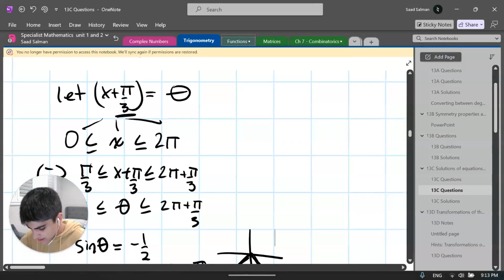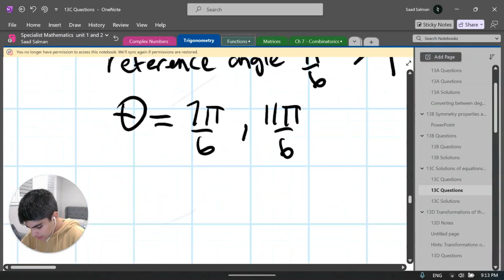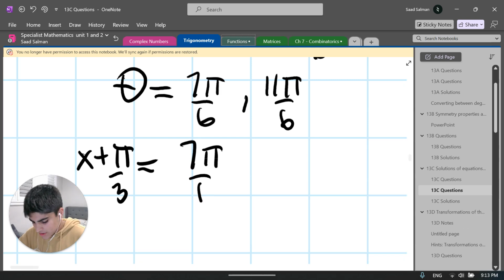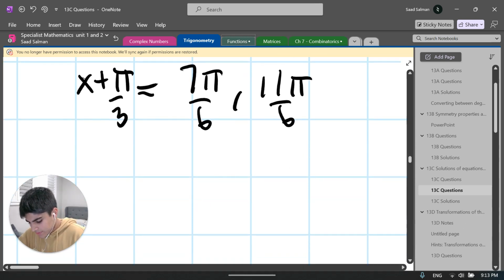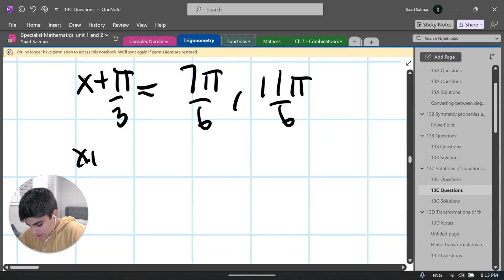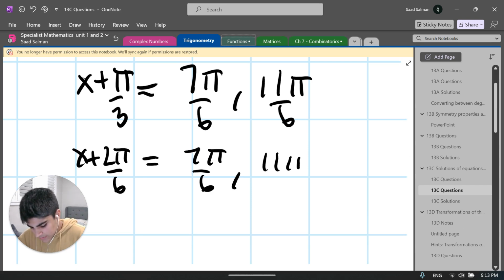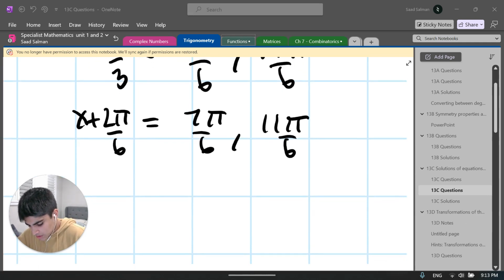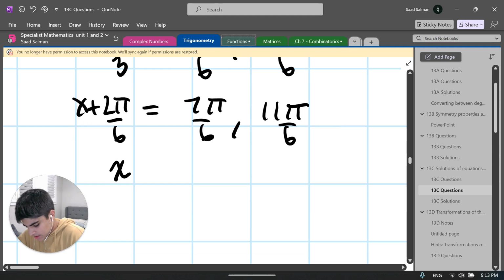Theta, now let's sub in x plus pi on 3. X plus pi on 3 equals 7 pi on 6 and 11 pi on 6. To make this easier to solve, we're just going to make this x plus 2 pi on 6 equals 7 pi on 6 and 11 pi on 6. And then we're just going to subtract 2 pi on 6 from both of these solutions to find x.